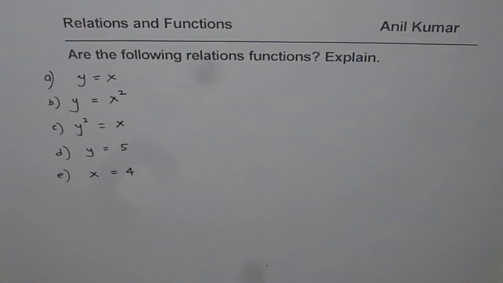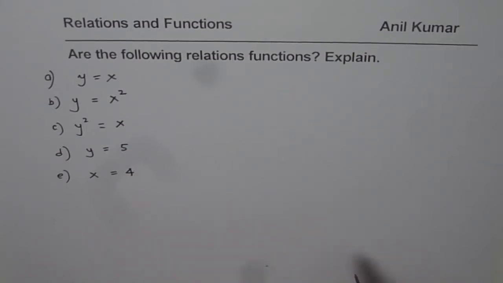Now let us consider these equations. There are 5 equations. Now you need to explain if these relations do represent functions or not, and if they do not represent a function, then why not? Okay, so think about it. We'll discuss them in detail soon.